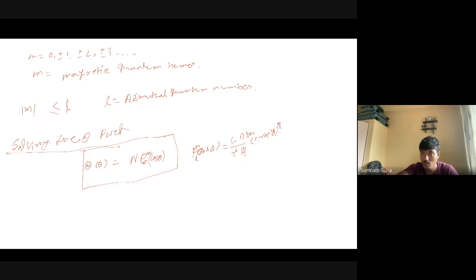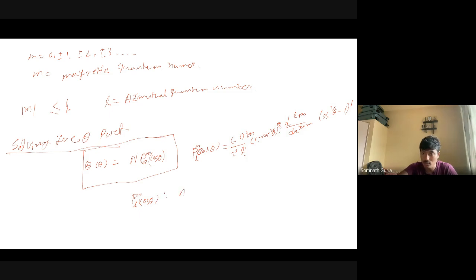Times d to the power l plus m by d cos theta to the power l plus m of cos square theta minus 1 to the power l. This P_l is called a function of cos theta.